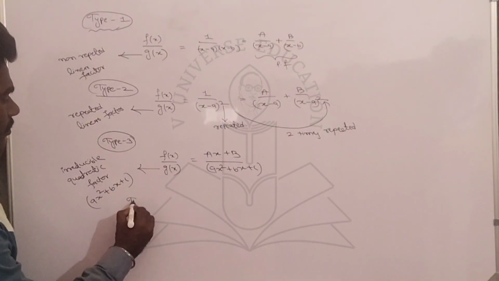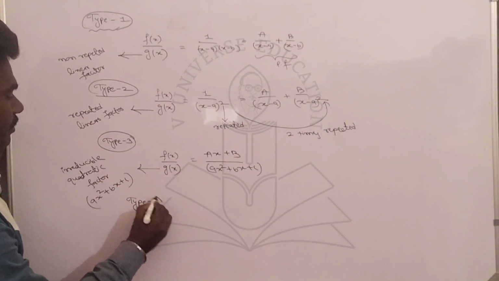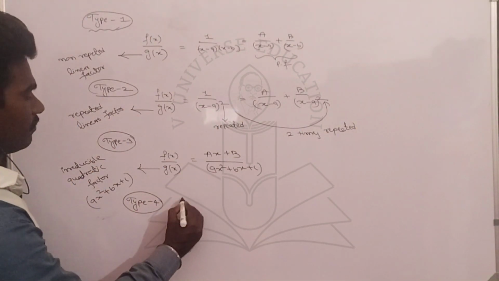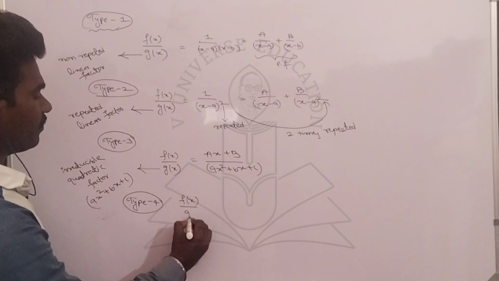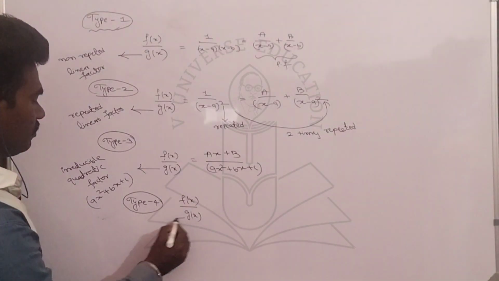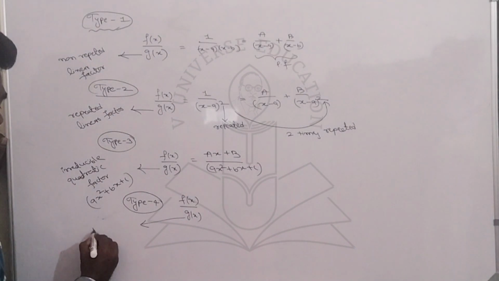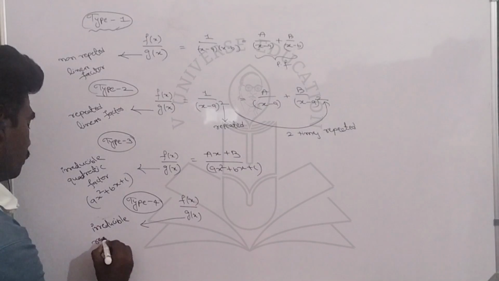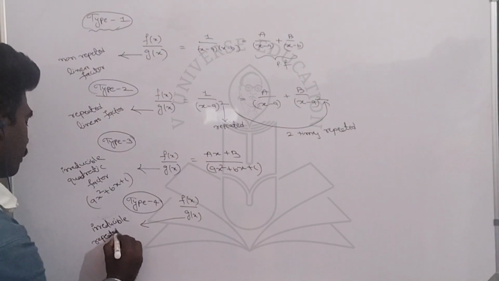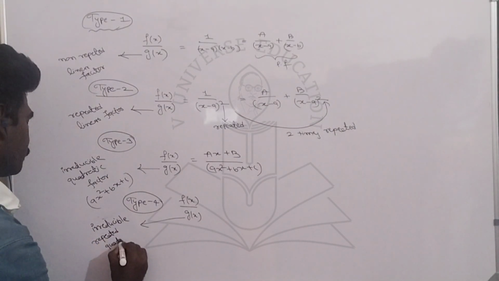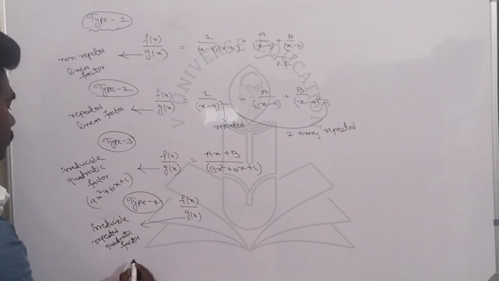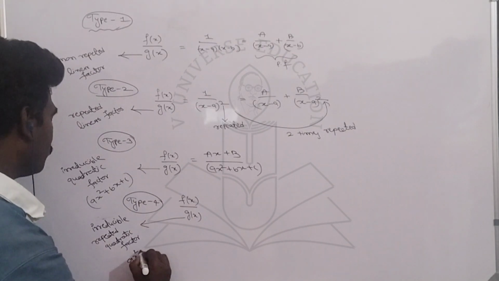Now for type 4, for a given f of x by g of x, if g of x is an irreducible repeated quadratic factor, ax square plus bx plus c.